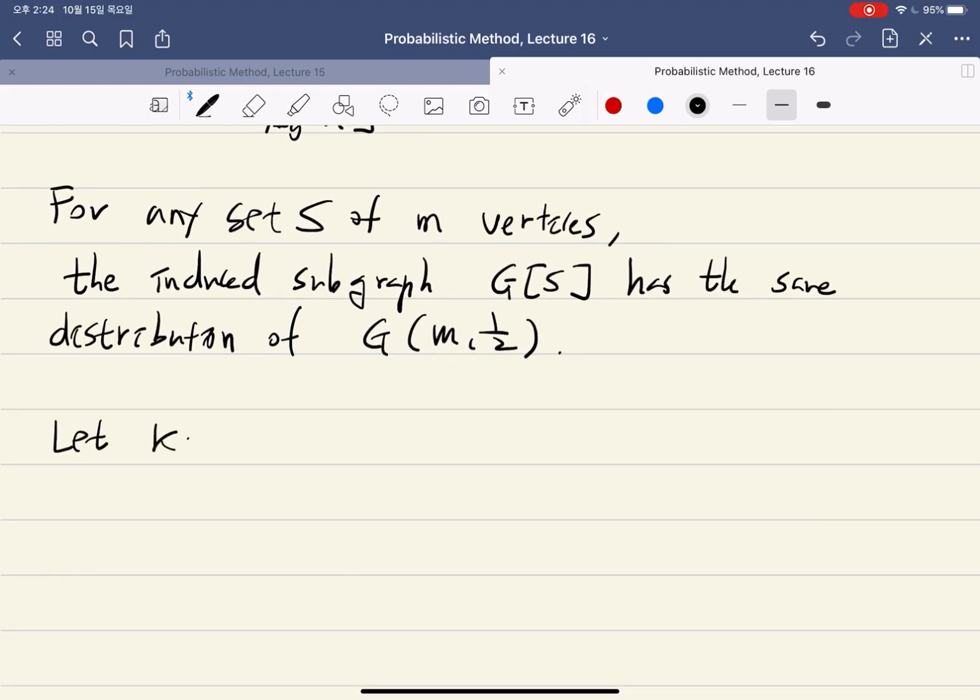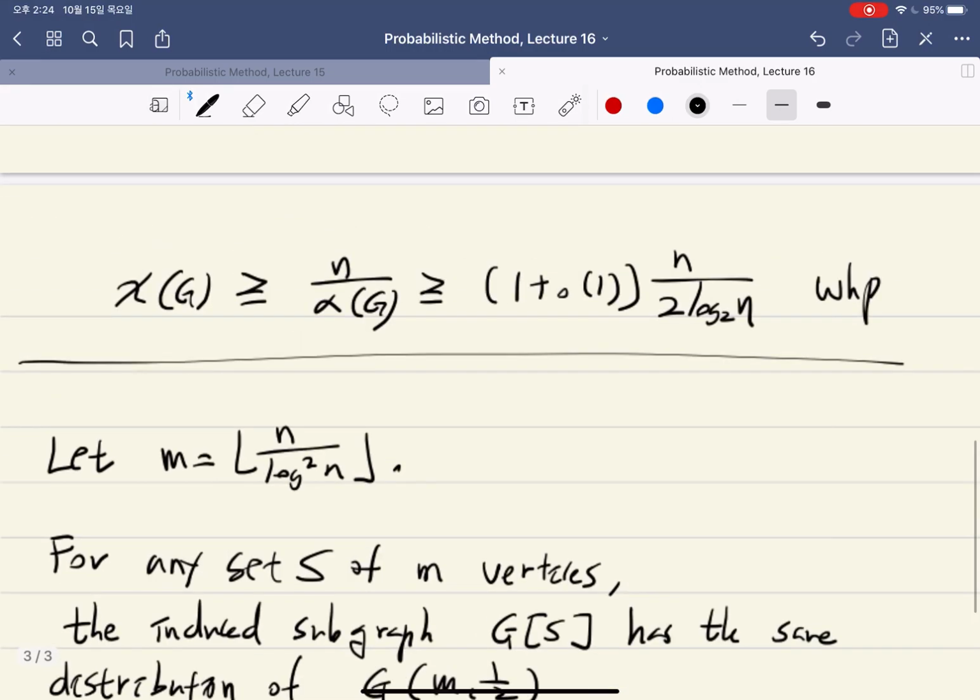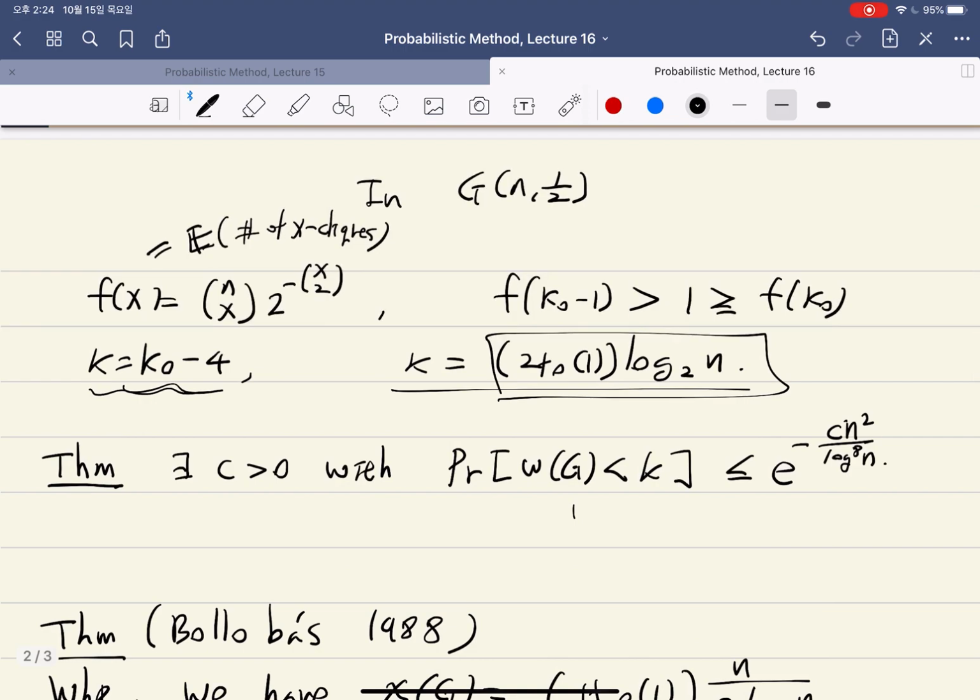Then let k be k0 minus 4 as before. So remember this k0 was actually defined by a function which satisfies this relation when this is n. So we replace n with m, then you get the new function f, and with that function f, you can compute this k0.